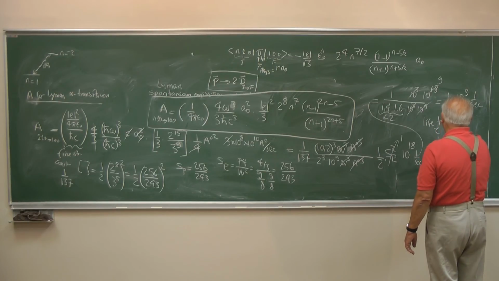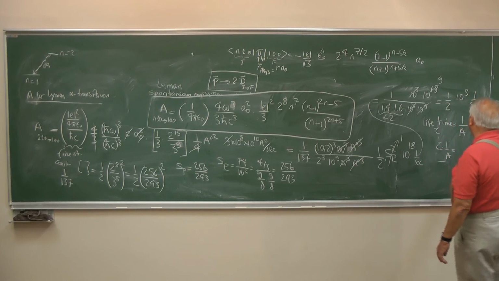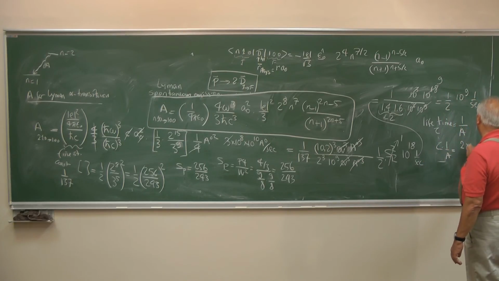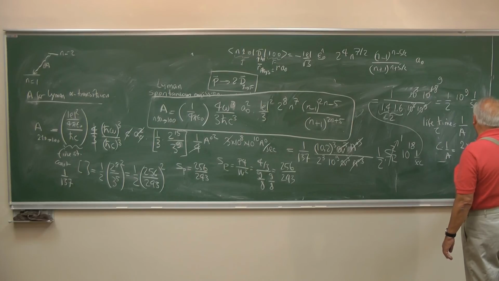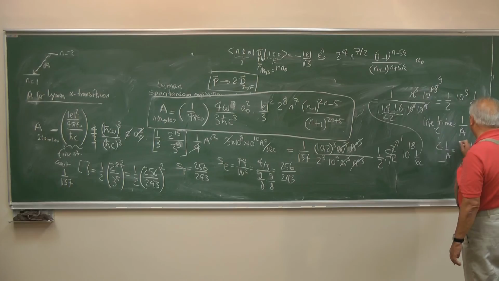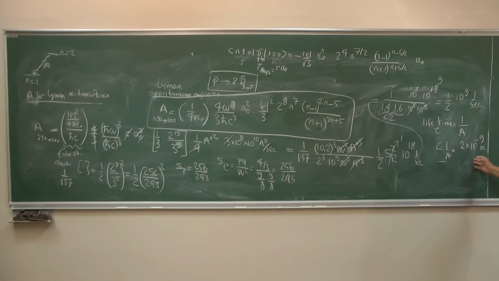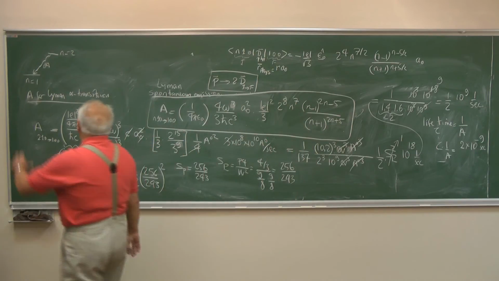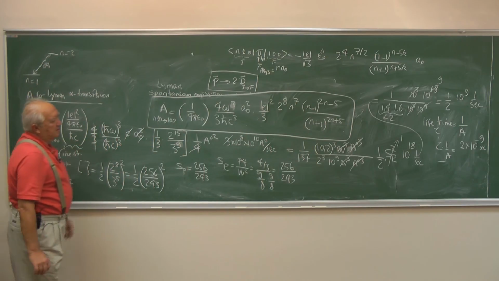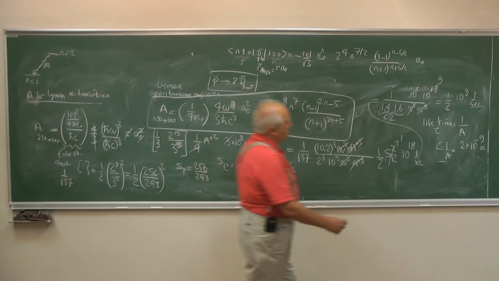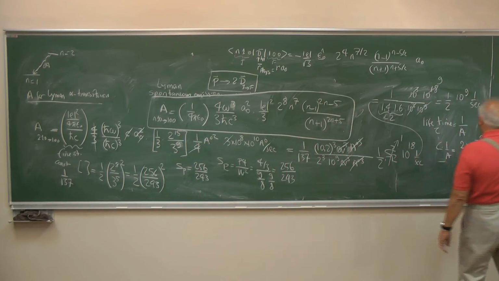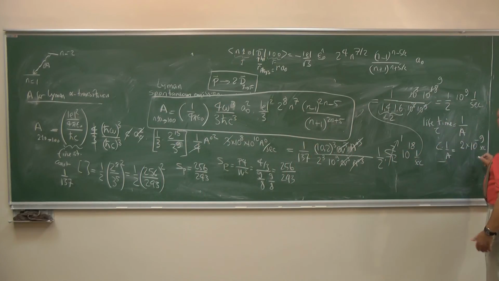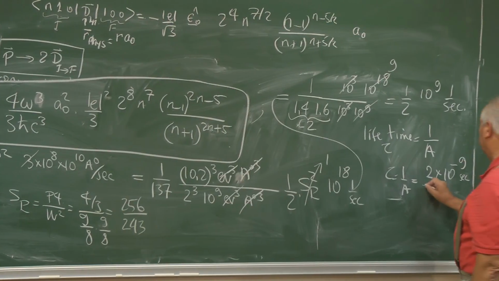Tau equals 1 over A. And this is 2 times 10 to the minus 9 seconds. So the n equals 2 state lives about 2 nanoseconds. It's a nanosecond, 2 nanoseconds, and it decays.